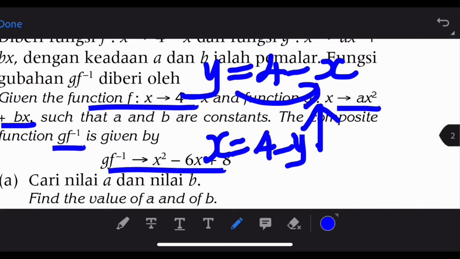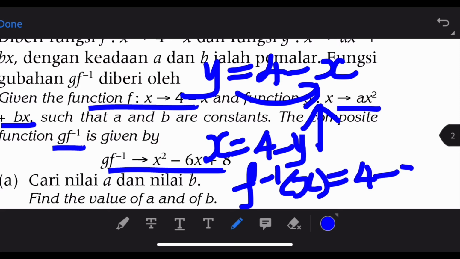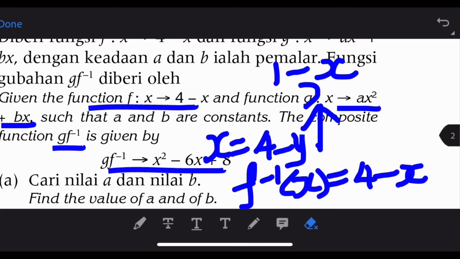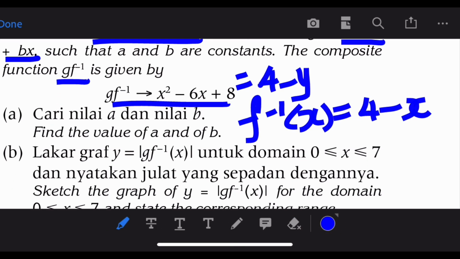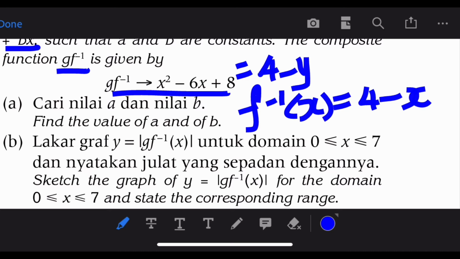Okay, so that means the inverse is actually the same. It's also 4 minus x. Got it? Okay, so now we have the inverse function already. We're going to substitute into the g.